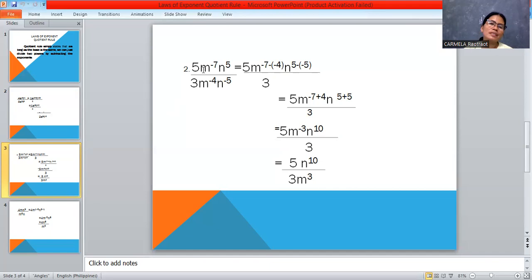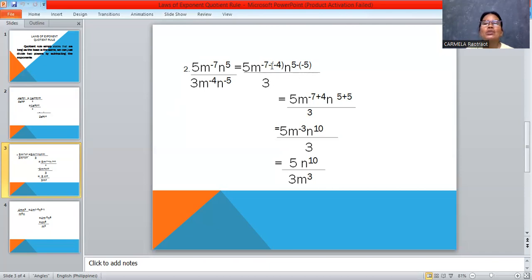Next, look at the literal coefficients in the numerator and denominator. We have m in the numerator and also m in the denominator. So m raised to the power of negative 7 minus negative 4, and n raised to the power of 5 minus negative 5.